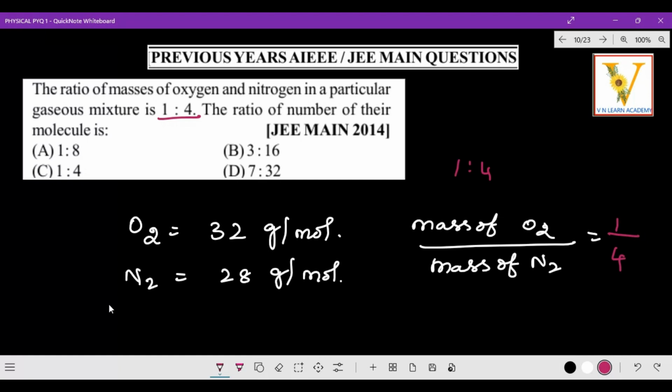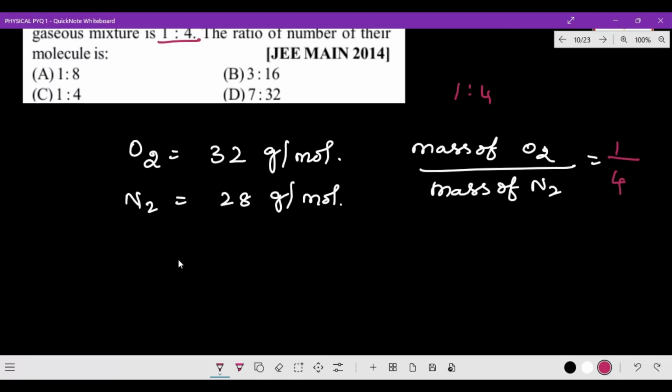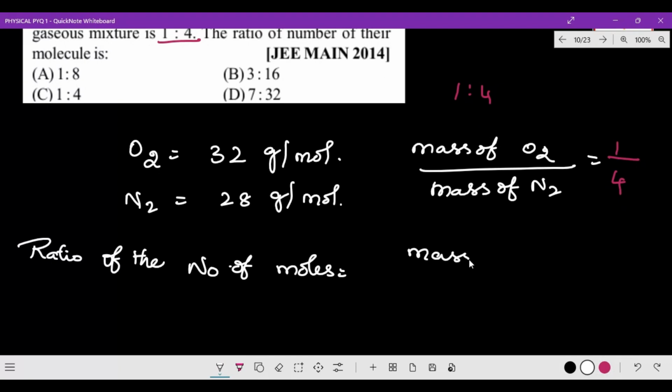So here we have to identify the ratio of the number of moles, because they have given it as a ratio. The ratio of the number of moles equals mass of oxygen divided by 32. Why mass of oxygen?